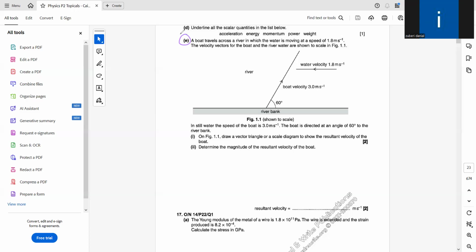If I had to draw a scale diagram, I'd use the same angle and draw it on the left side of both velocities. So I need to find the resultant velocity first. Yes.